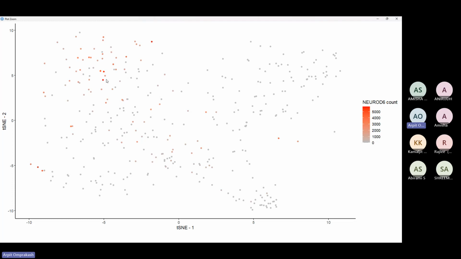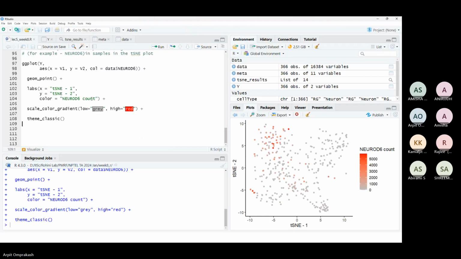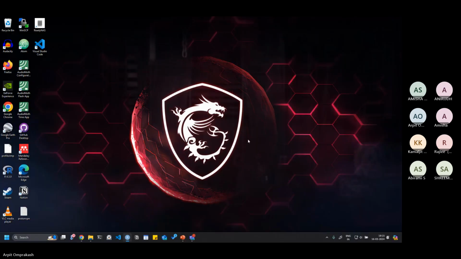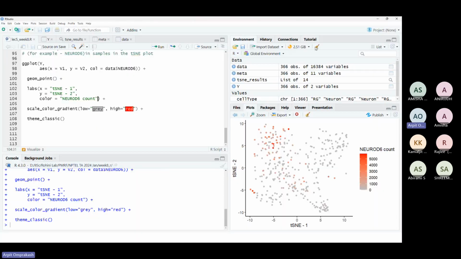If it's red, it's higher. If it's gray, it's lower. Does anyone have any doubts regarding this? Okay, great.